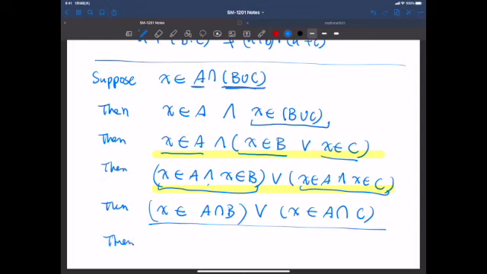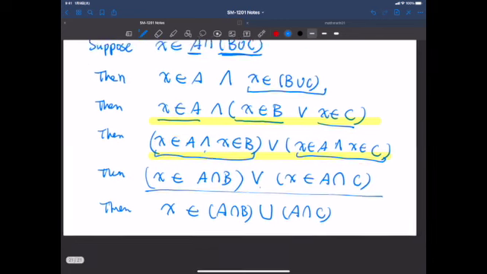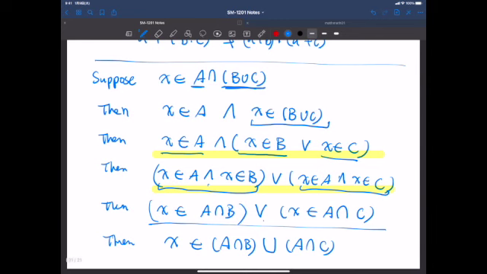Then according to the definition of union, this means x belongs to A cap B union A cap C. So therefore, this set is a subset of this set, right?